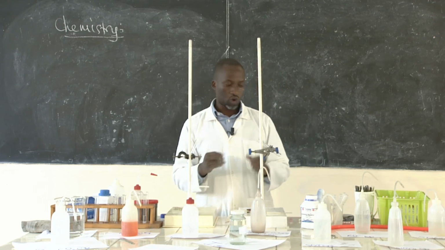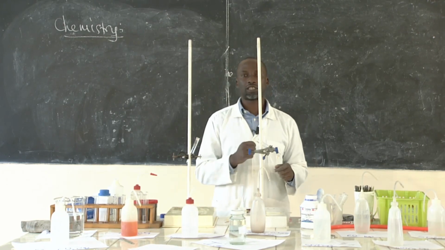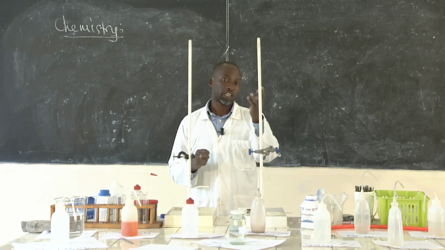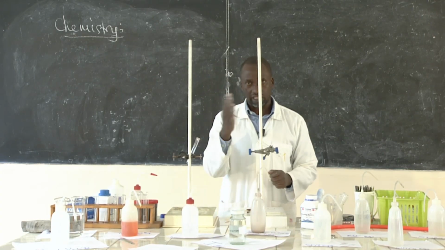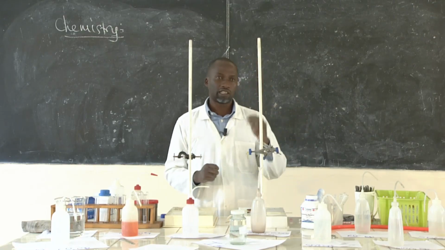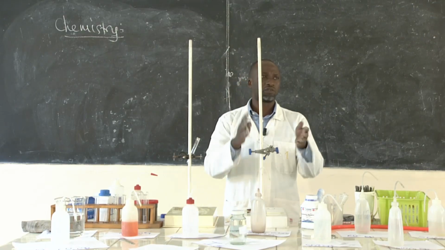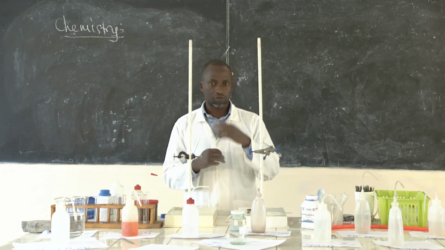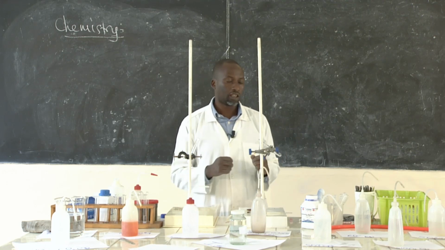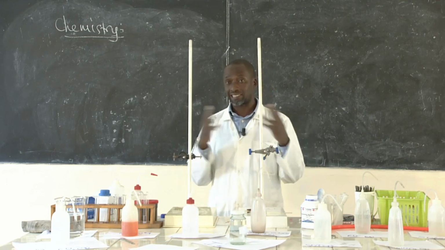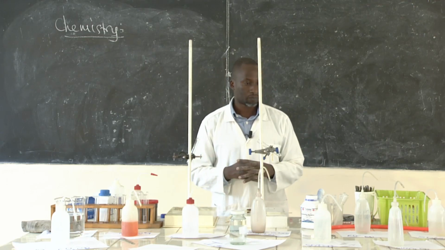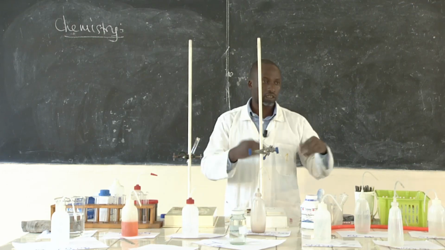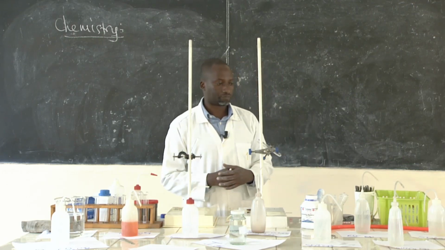We also used potassium dichromate, a yellow-orange solution, and it turned green. So those are some of the tests that we carried out for those gases. But remember, I said we don't keep gases in the laboratories, so we had to prepare them and then test them.